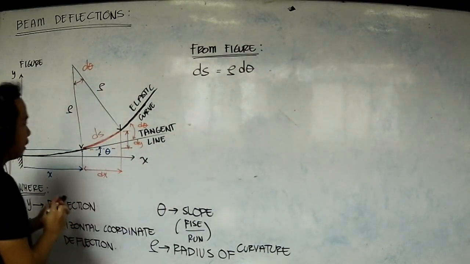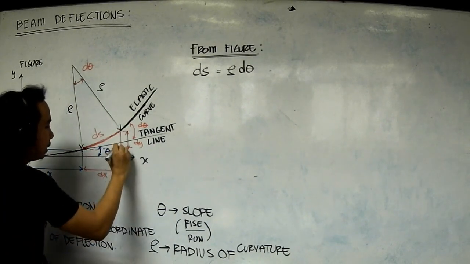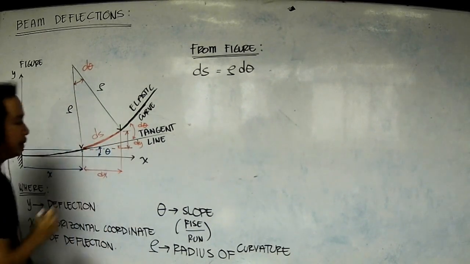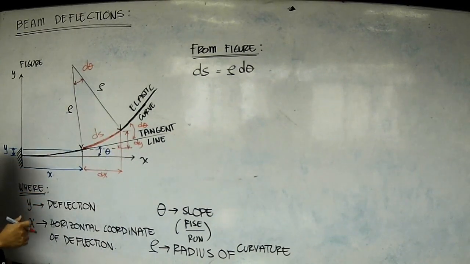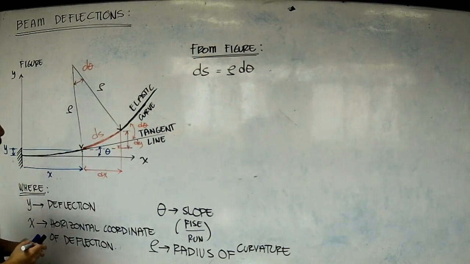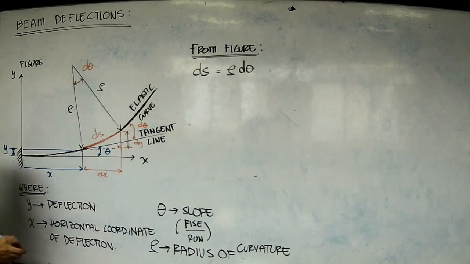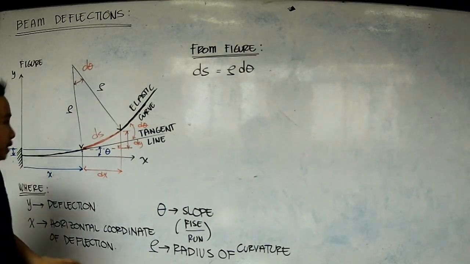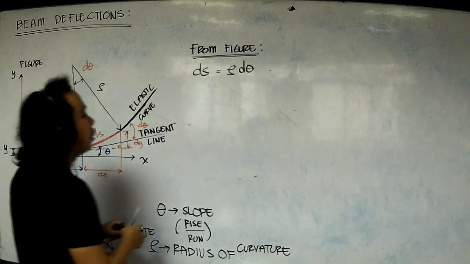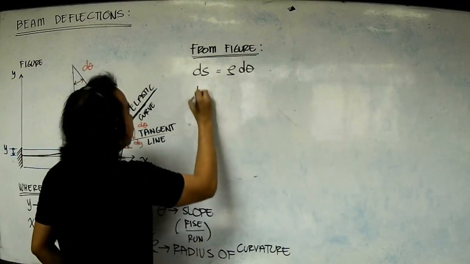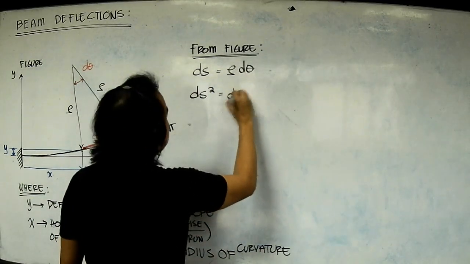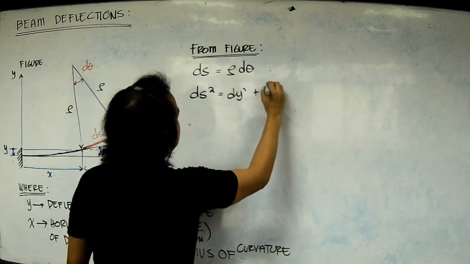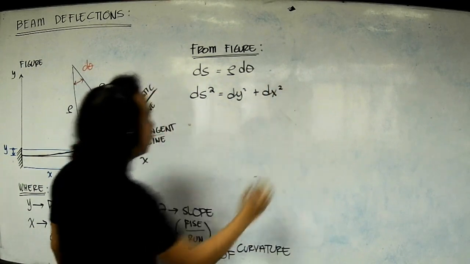So if that is a very small number, and I can assume that dx and dy are perpendicular, and this is ds, what do we have? A right triangle. Right triangle geometry applies in this situation. So ds squared is equal to dy squared plus dx squared, right?